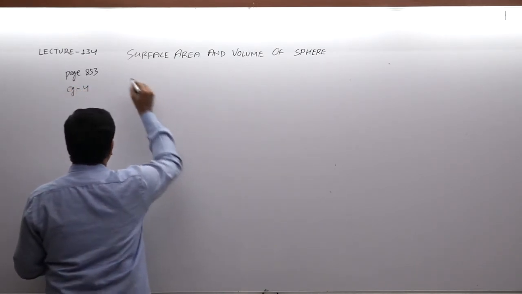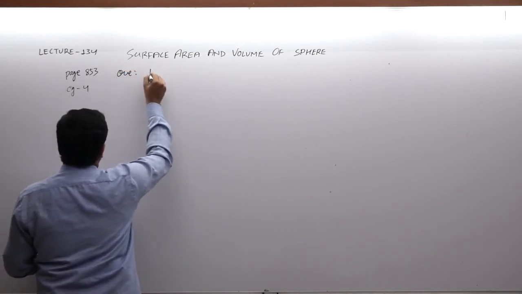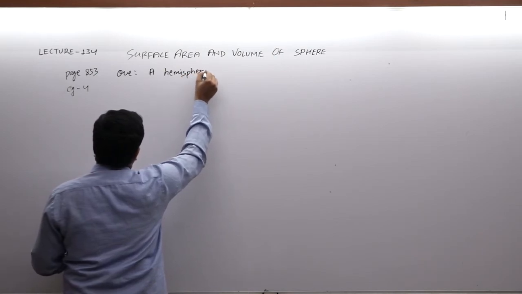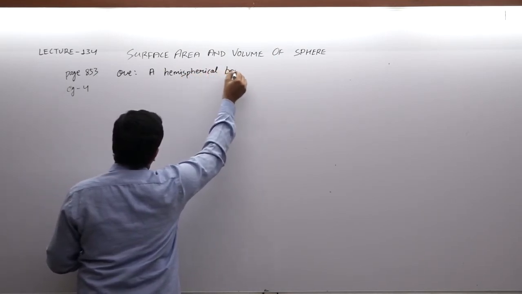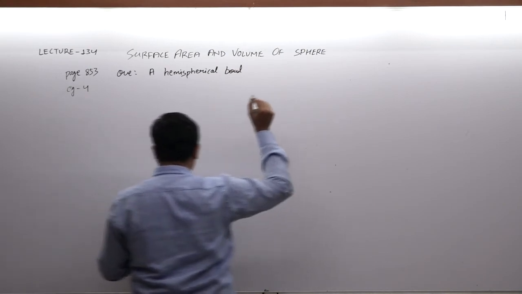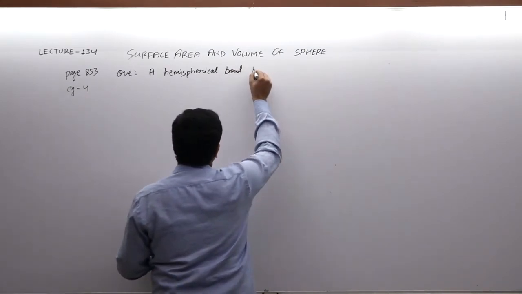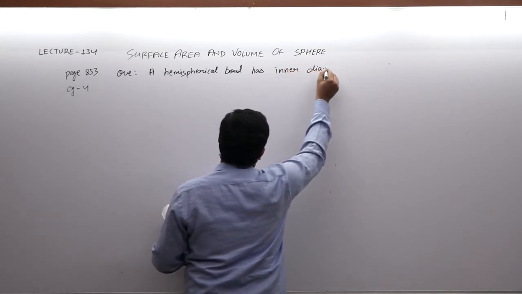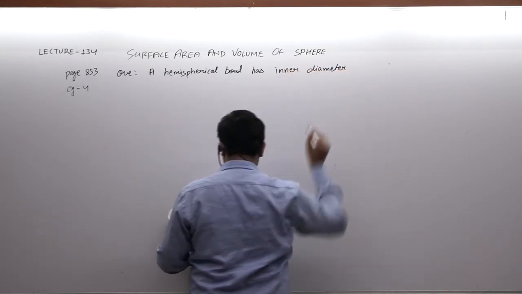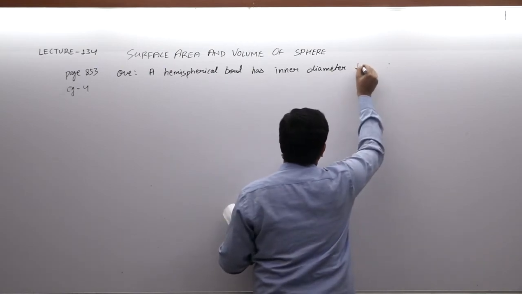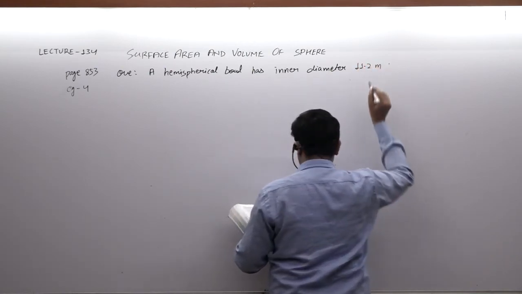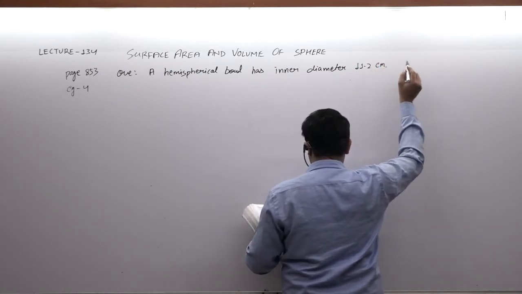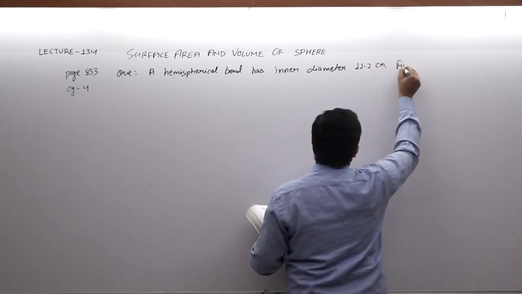A hemispherical bowl has inner diameter 11.2 centimeter.